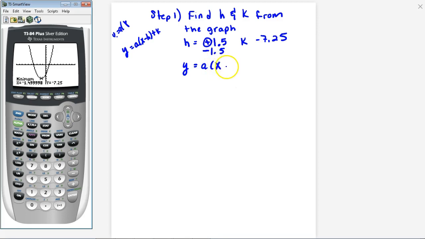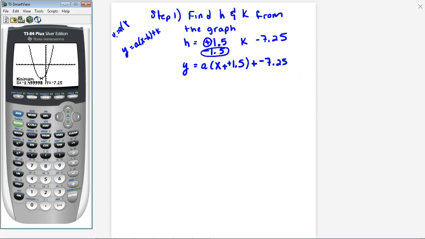It's x minus, and then my h value, which is negative 1.5. Well, this minus a negative becomes plus 1.5, which means we move it to the left, okay? And then on the outside, we still have plus, but it's negative 7.25.